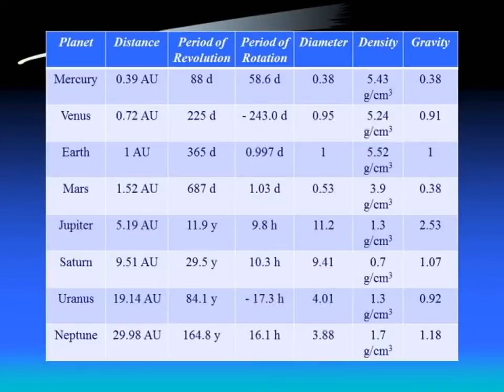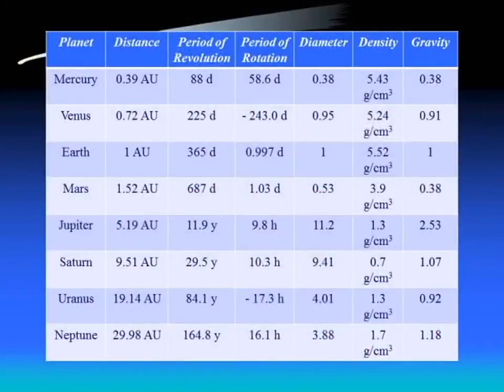But within those terrestrial planets, the Earth is the largest. Then Venus is just a tiny bit smaller than we are. Then Mars is about half our size. And you can see Mercury is about 38% the size that we are. So Mercury is certainly the smallest planet in the solar system. Jupiter is the largest planet in the solar system.